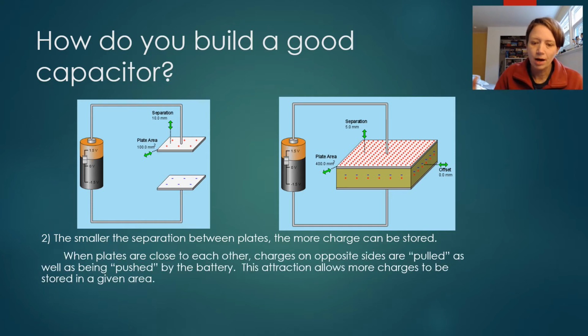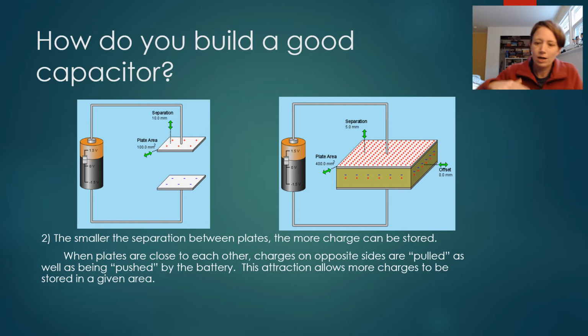The reasoning behind this is that when the plates are pushed closer to each other, the charges on the plates, in addition to being pushed by the battery, are noticing the charge on the opposite plate because it's nearby. And that charge in the opposite plate actually serves to attract more charges to the plates than you would otherwise be able to do.